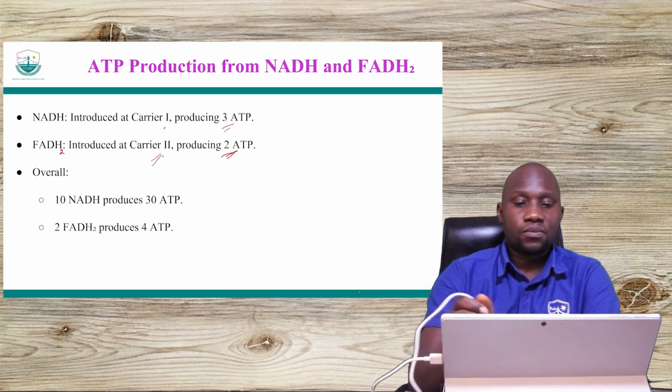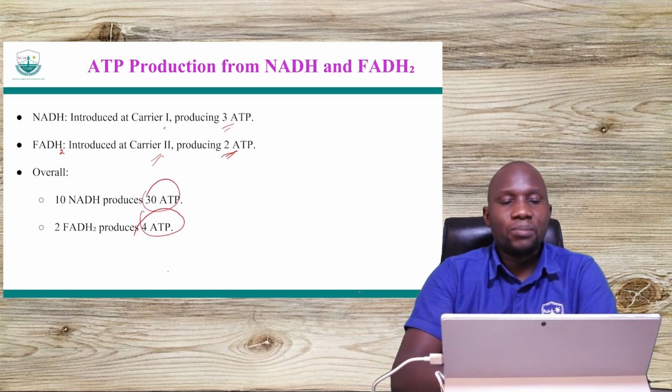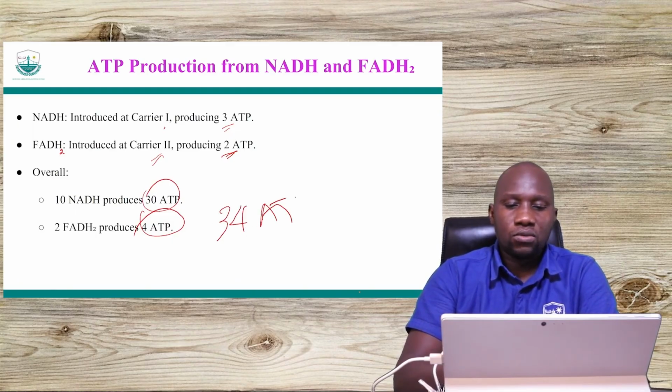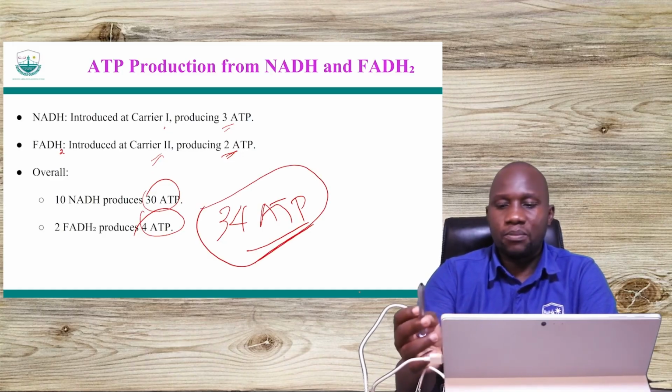It produces 2 ATP molecules. Overall you are producing 34 ATP molecules from the electron transport system.